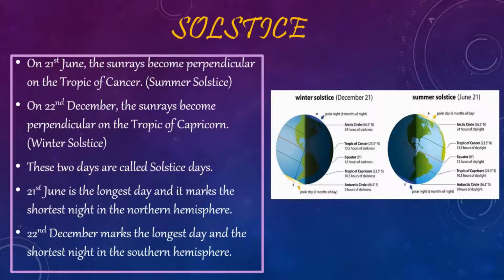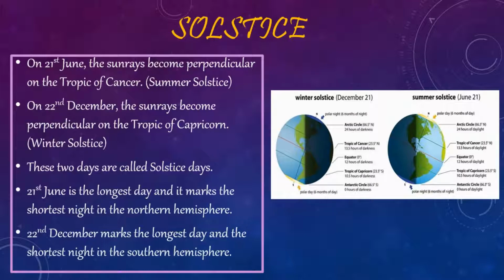This is also known as summer solstice. On 22nd December, the southern hemisphere is tilted towards the Sun and the Tropic of Capricorn starts receiving perpendicular rays of the Sun, which is also known as winter solstice. These 2 days are called solstice days.